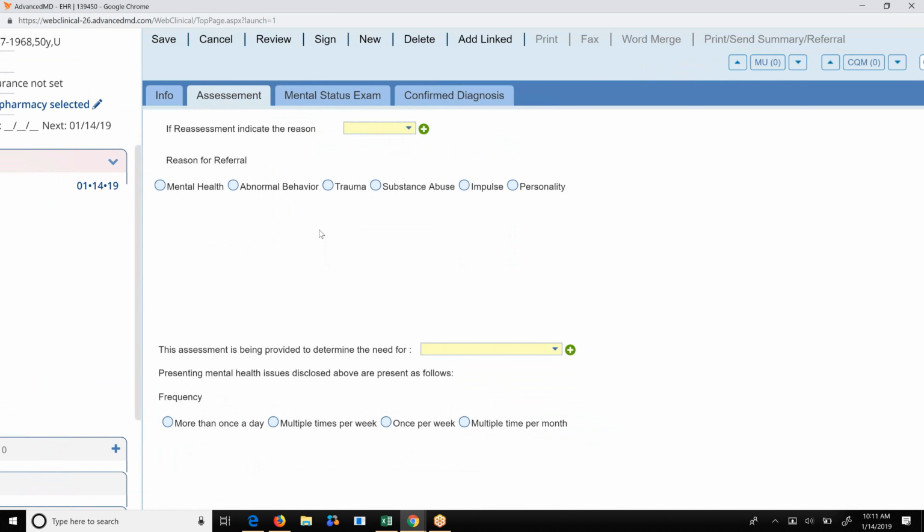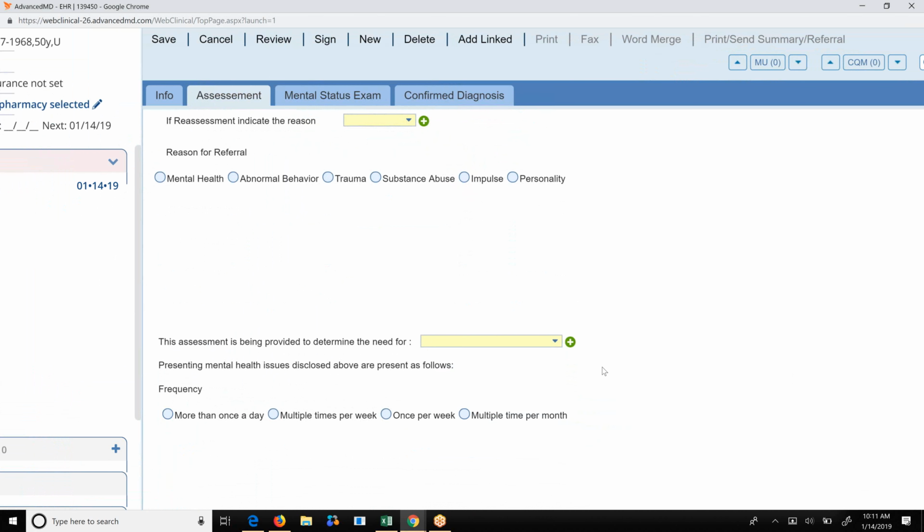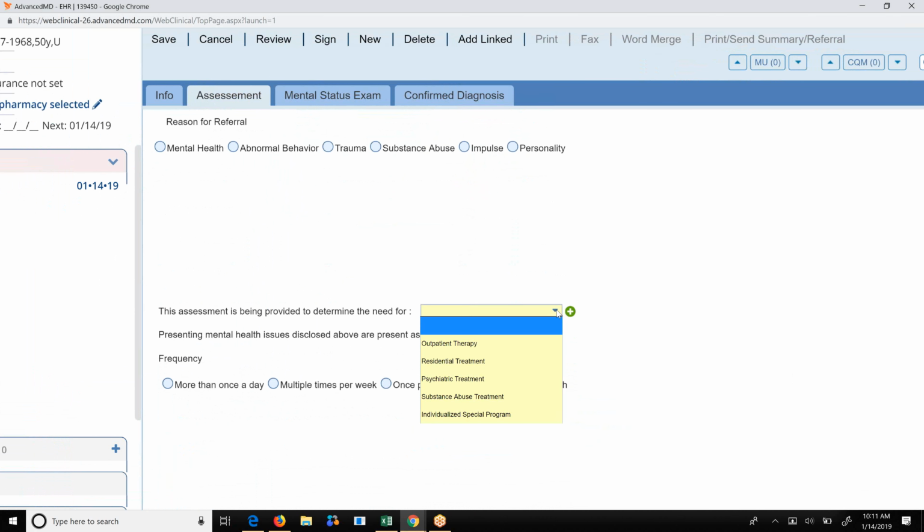The need for, if I could get you on that next one, Damon. Outpatient therapy or substance abuse treatment. Again, pick the one that's most appropriate to the client that's in front of you.